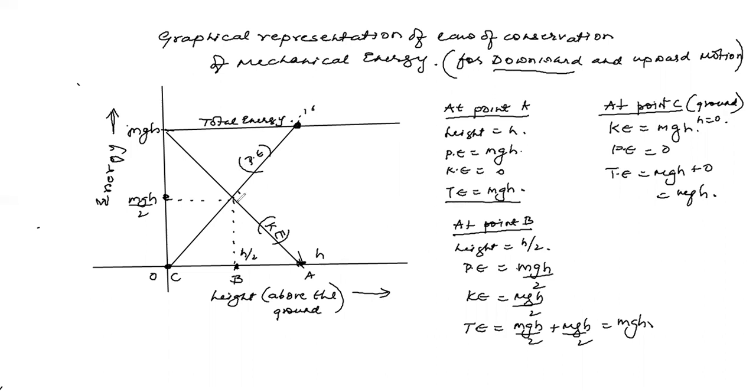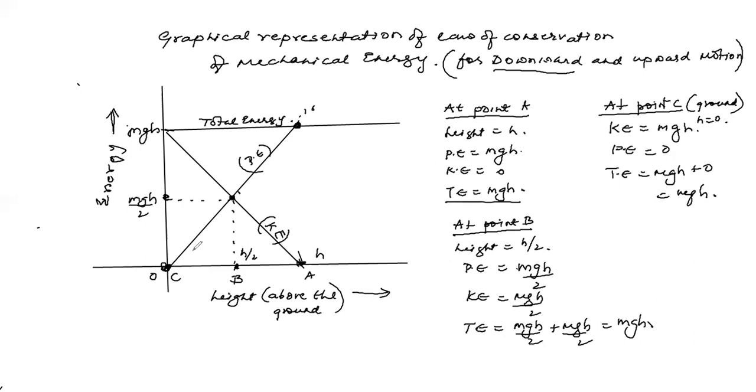Got it? At point B, the height is h by 2. So the potential energy here is mgh upon 2, and the kinetic energy is also mgh upon 2, so the total energy is mgh upon 2 plus mgh upon 2, which is mgh. At point C on the ground, the height above the ground is zero.